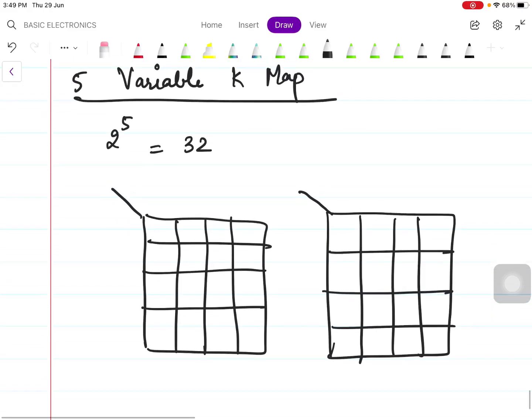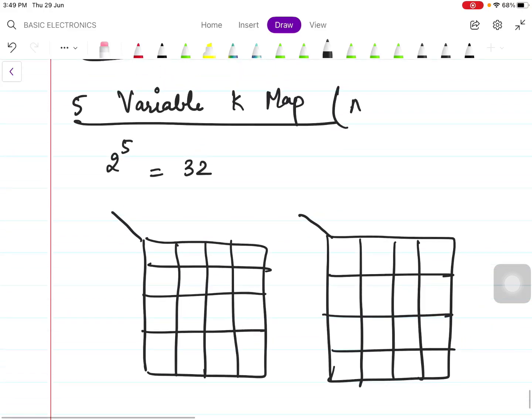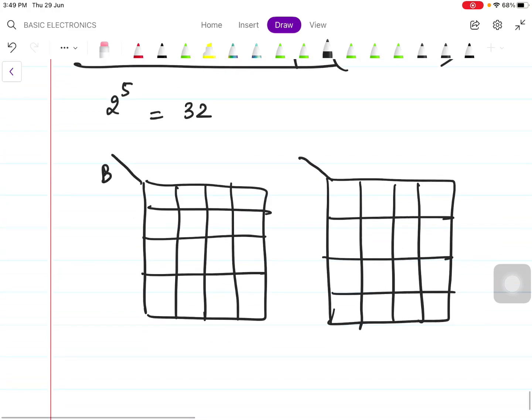5 variable K-maps means there will be 5 variables A, B, C, D and E. So how to allot them? We all know that the smaller variable is placed downwards. So the downwards over here is here. A is placed here, and this K-map is A bar.